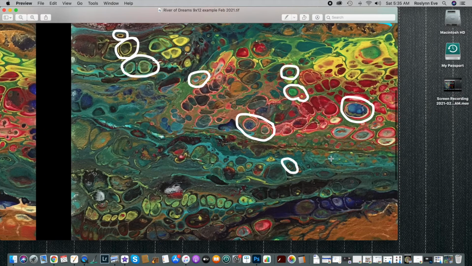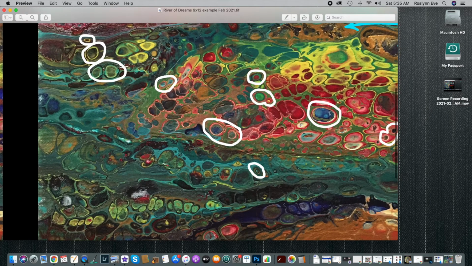So you're starting to recognize what bullseyes look like, all these ones circled with white. You've got this green one in here with the red in the center. That's a good one. This little white one in here is a perfect one, and it even has a red cell around it as well.